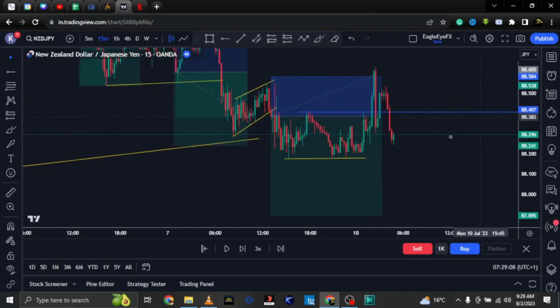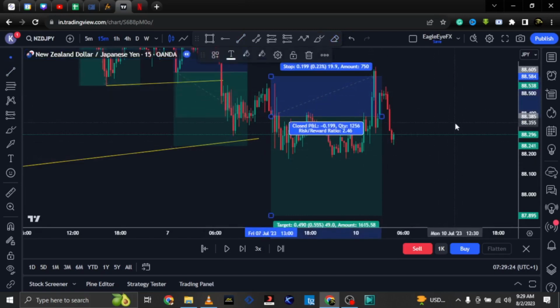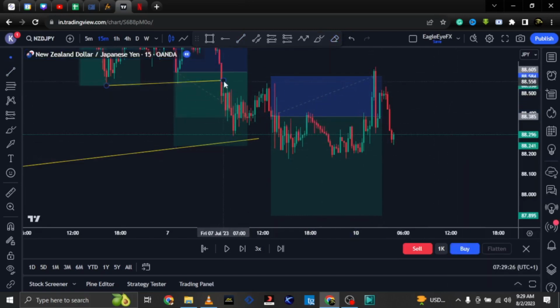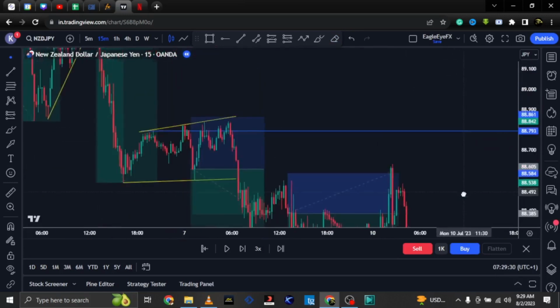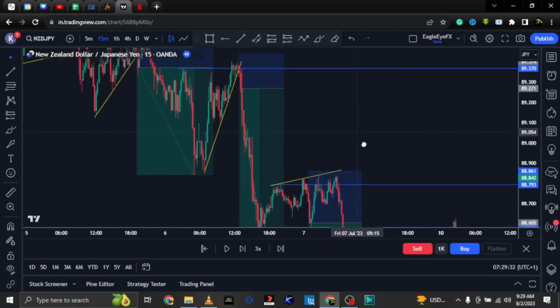So of course, definitely once it takes us out, we could have done what? We could have come back to this level over here. And actually I can understand why. You see, after this break and retest of this level, like we did up here, was it up here somewhere?